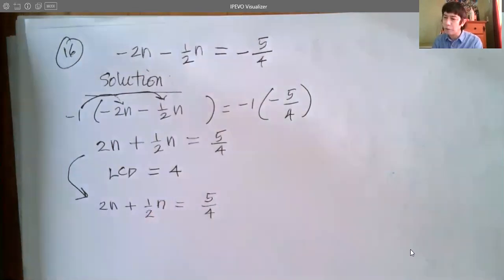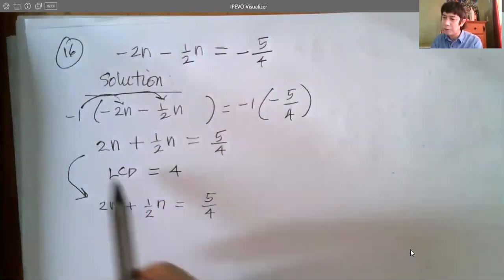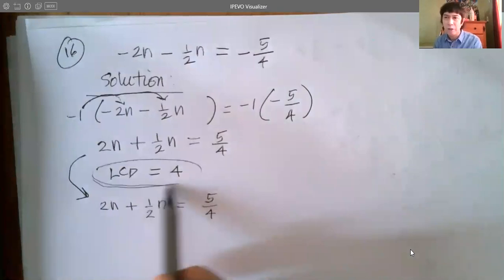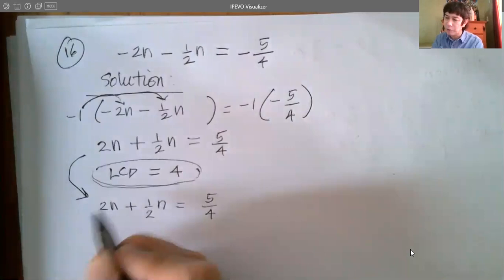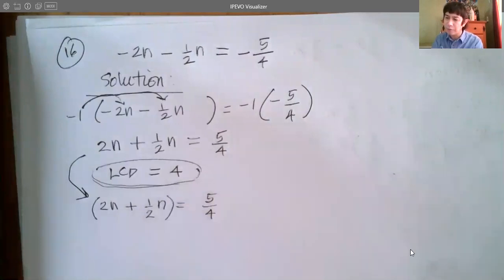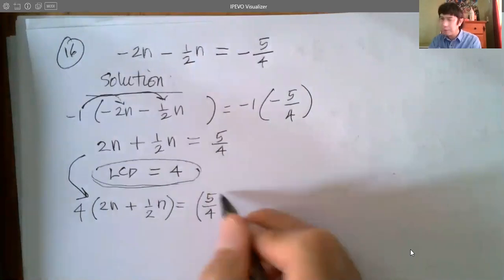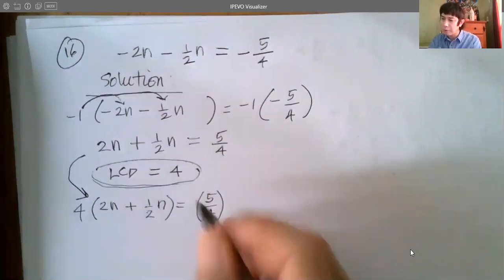Afterwards, we will now be using our LCD. This is our multiplier. So we multiply this left side by the number 4. We also multiply the right side by the number 4. There.